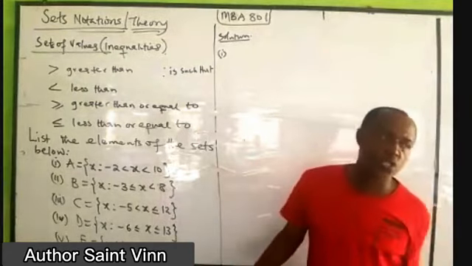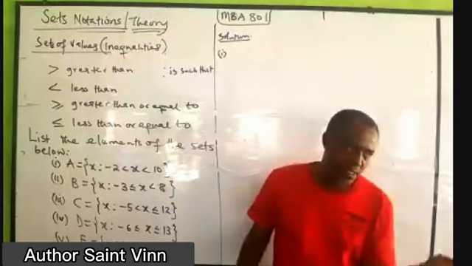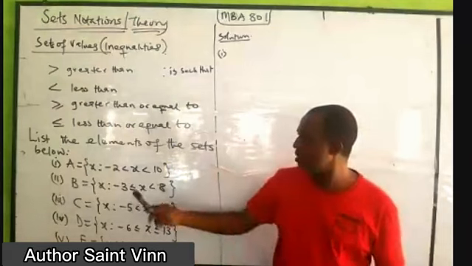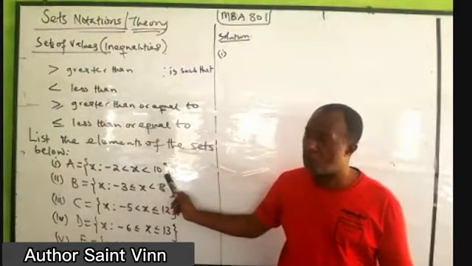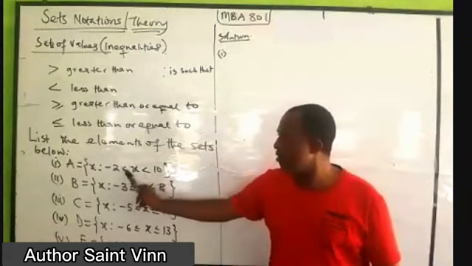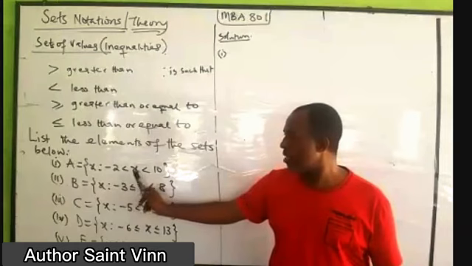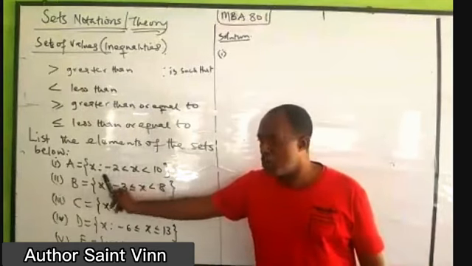In interpreting inequality, our alphabet should not be at the right. But if it's at the right, we need to turn it to the left. For instance, this x is at the left hand side of this particular inequality, and at the right hand side of this one, so this one is an error. You have to interpret by saying x is greater than minus 2, though it was written as less than.